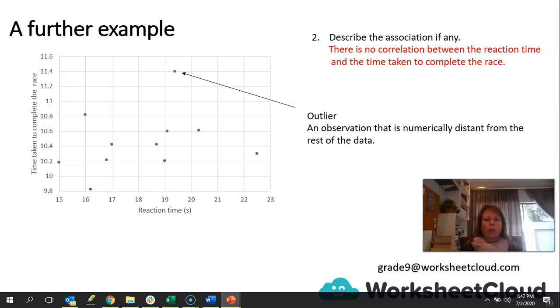That doesn't come close to the line of best fit, because that is numerically distant from the rest of the data. But here, that's also an outlier. As you can see, it's way away from the rest of the data, so it doesn't really fit with the whole set of data. It's an outlier. It lies way out of the main points.